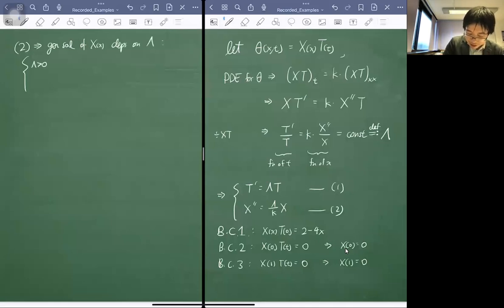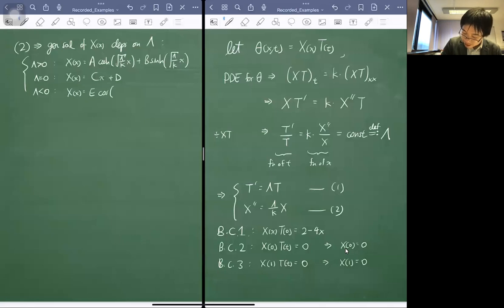If lambda is larger than 0, then X(x) equals A cosh(square root of lambda over k times x) plus B sinh(square root of lambda over k times x). If lambda is 0, then X(x) is just a linear function. And if it's less than 0, then we get a trig function, like this.